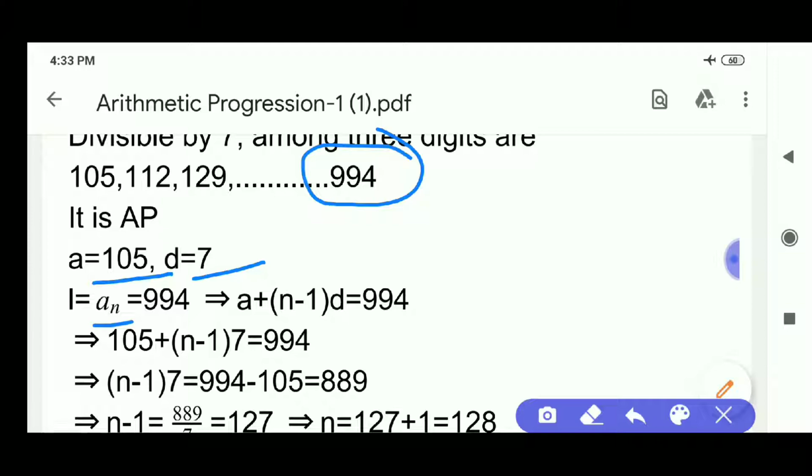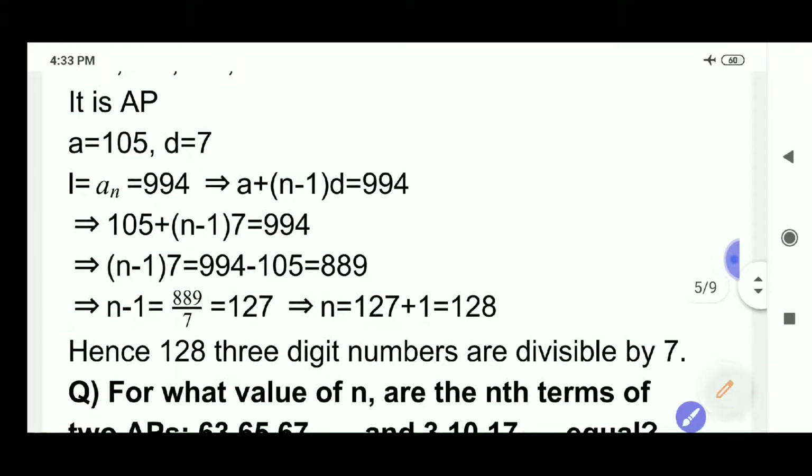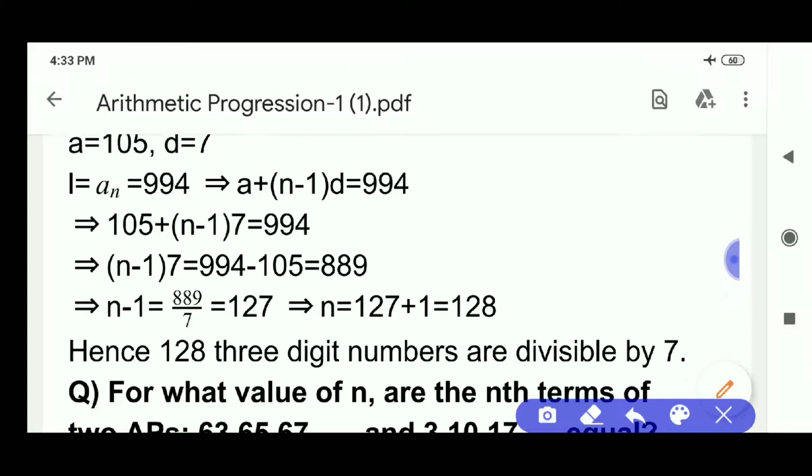The formula for AN is A plus n minus 1 into D, which is 994. A is 105, D is 7. Substitute the values and simplify. You will get n as 128. So 128 three-digit numbers are divisible by 7.